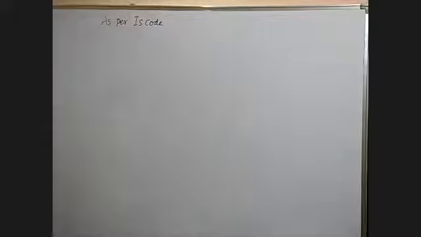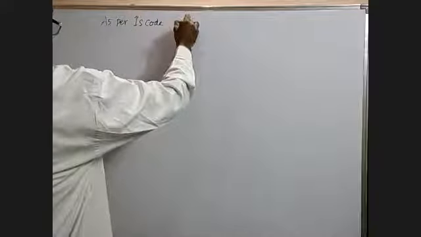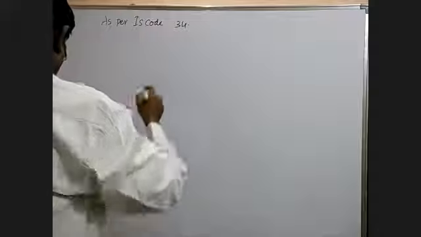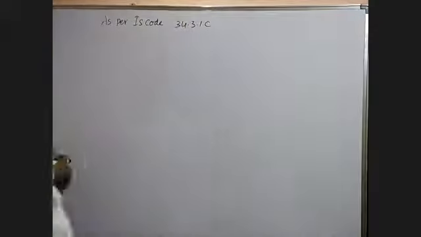This is given in the IS code, 34.3.1 C. This recommends the steel near the column. When such a case comes, what does it say to do? The IS code, clause 34.3, check the page number.